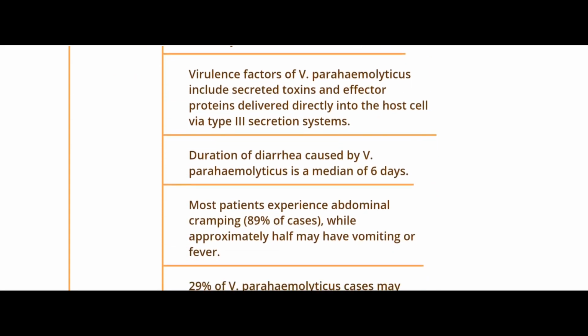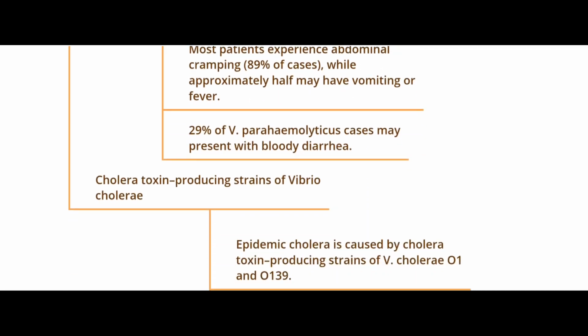The virulence factors are secreted toxins, effector proteins delivered into the cells, and the duration of such diarrhea is around 6 days. Most patients have abdominal cramping, while almost half may have vomiting or fever. Some may have bloody diarrhea, but as a patient with diarrhea more than 3 to 4 days, we will already be having our diagnostic panel.